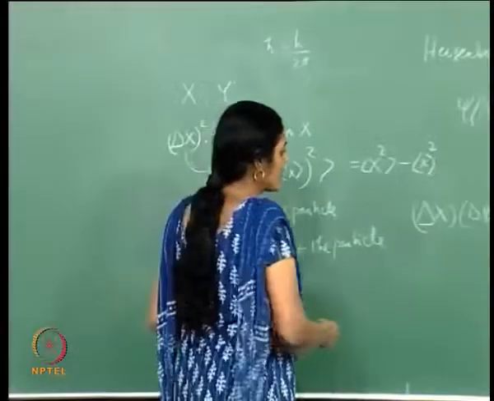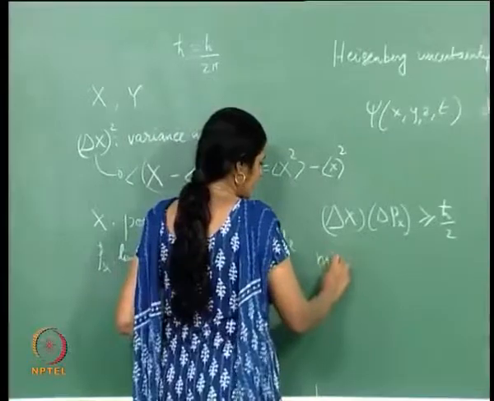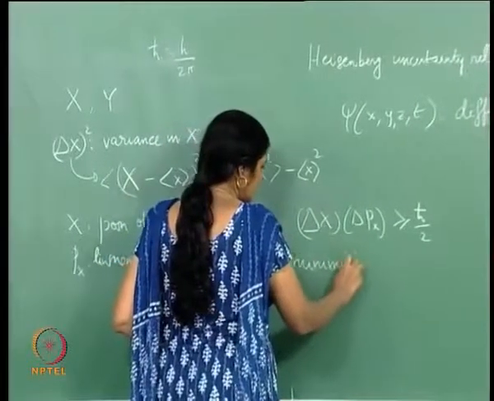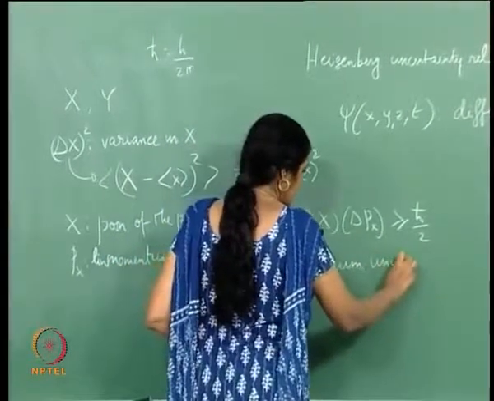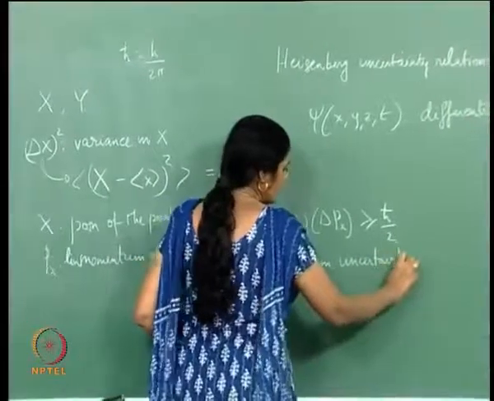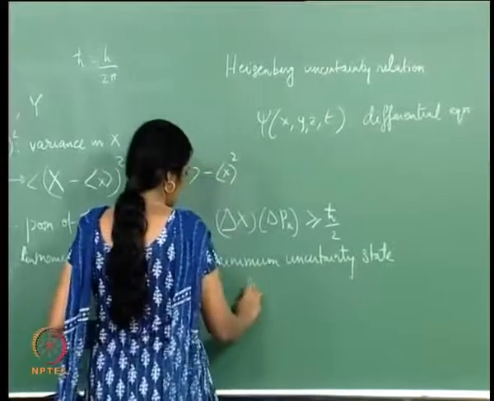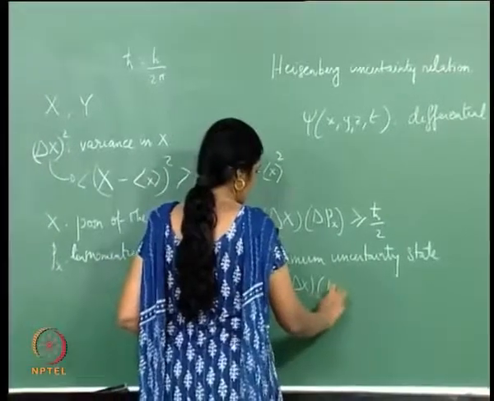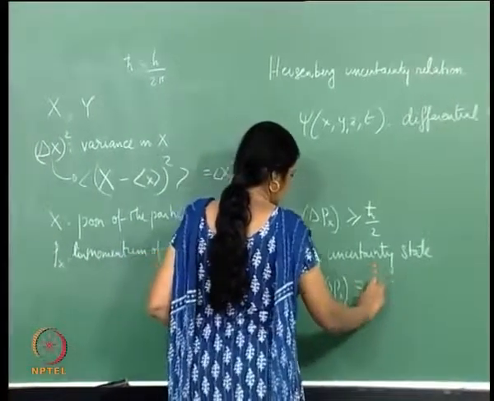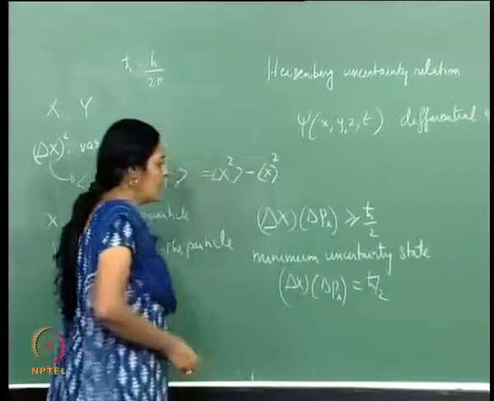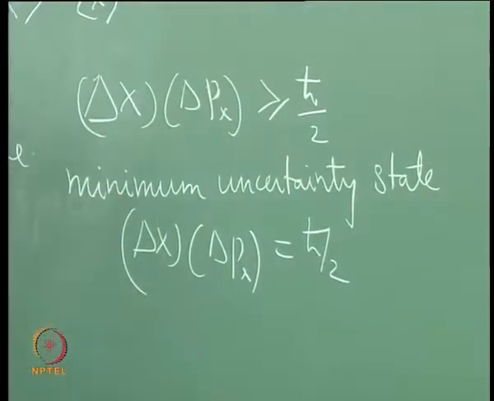In a minimum uncertainty state, the equality is satisfied. In general, it is greater than this bound.